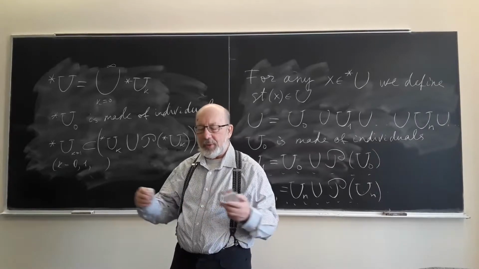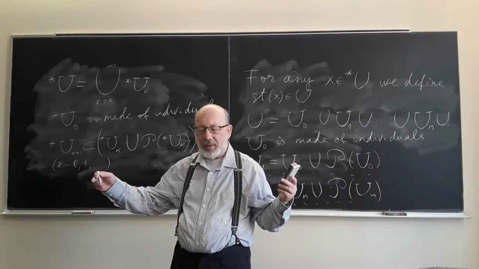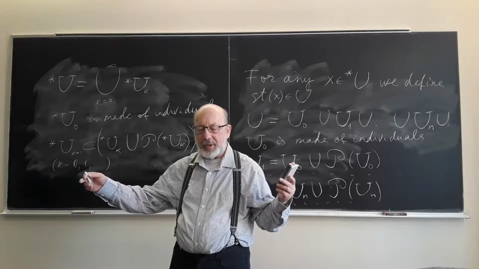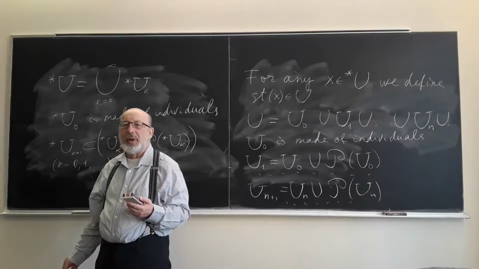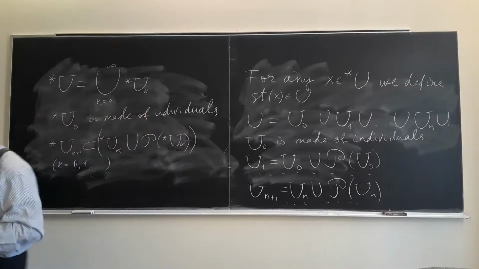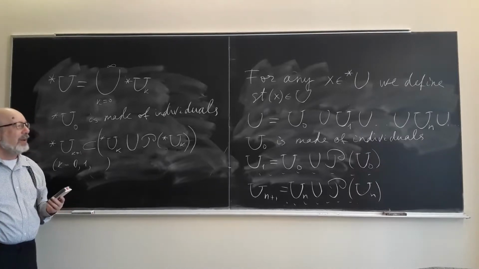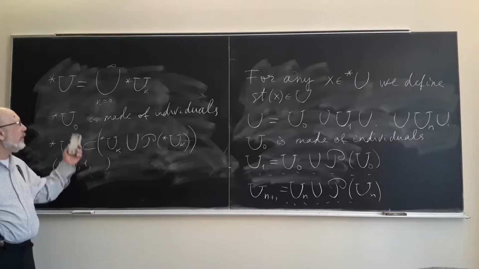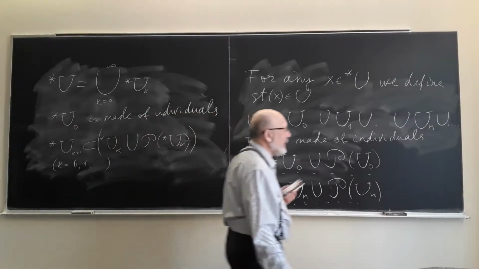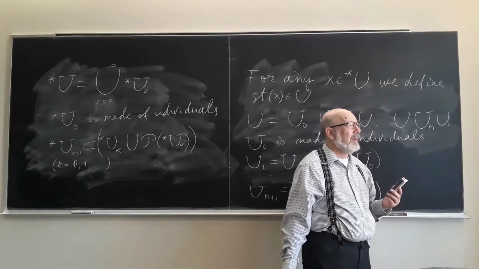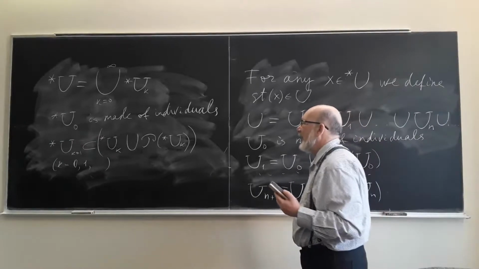For example, if you have a non-standard real number, and it is infinite, then it has no standard part. So the standard part is not defined for all of them, and similarly for other possible elements of star U0, for example, elements of a non-standard Hilbert space. Some of them have a standard part, some have none.